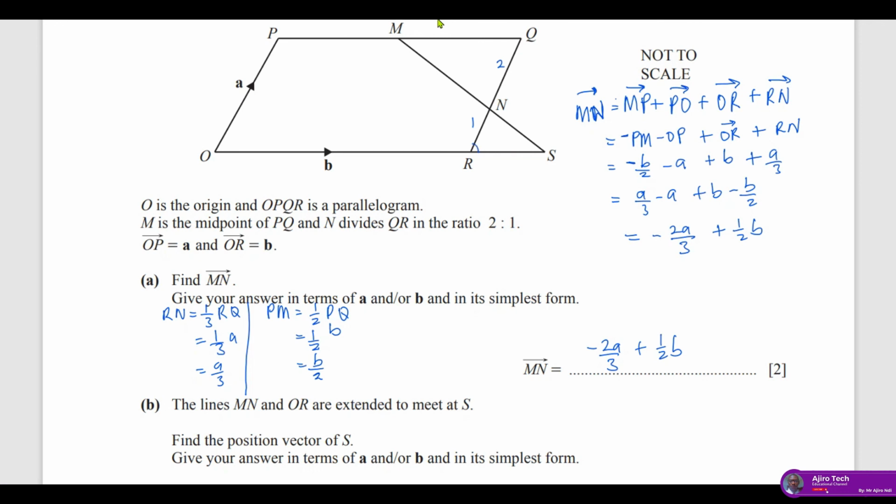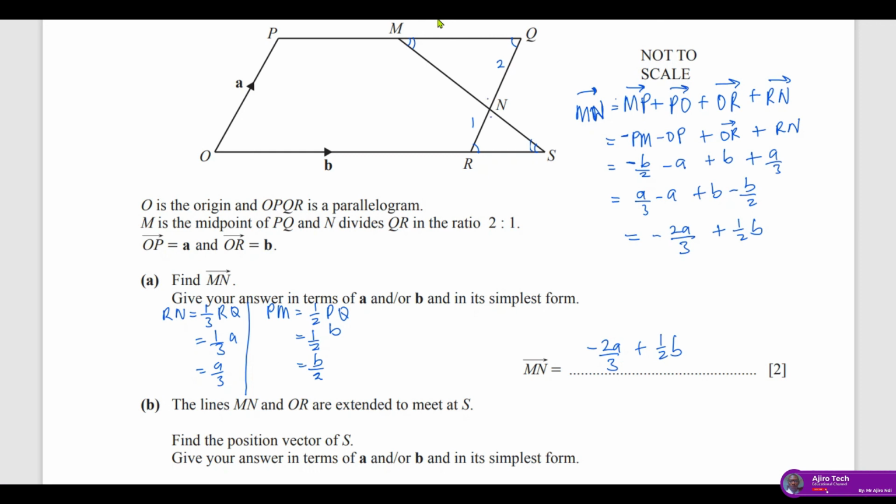This angle is equal to this angle because of alternate angles. Therefore, these angles are the same.